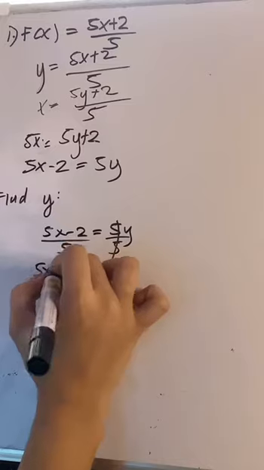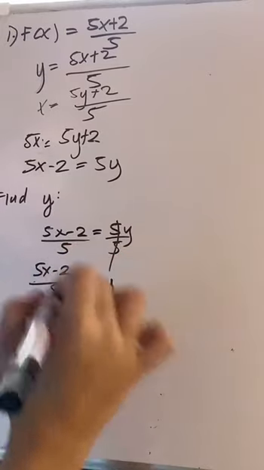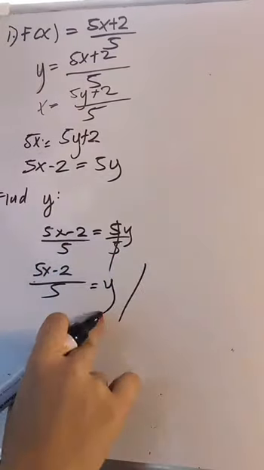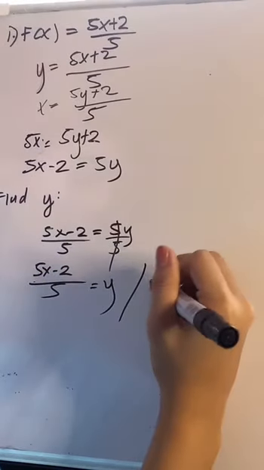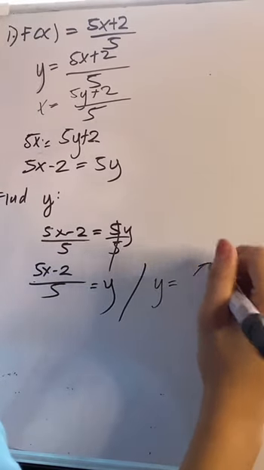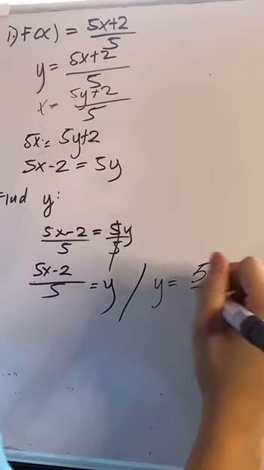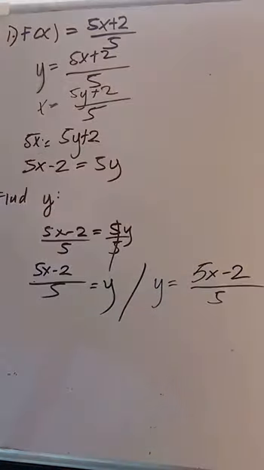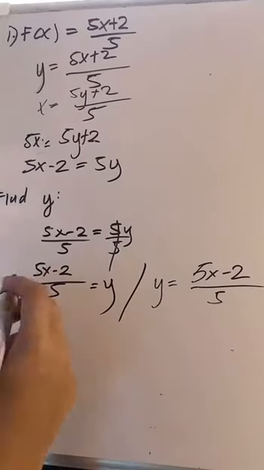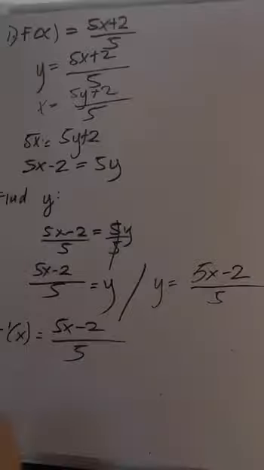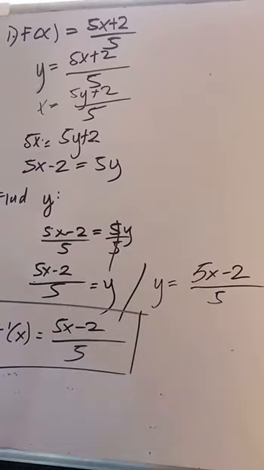So 5x minus 2 over 5, or you can move the y to the left side. So y equals 5x minus 2 over 5. Then replace the y by f raised to negative 1 of x. So this is now the inverse of our rational function.